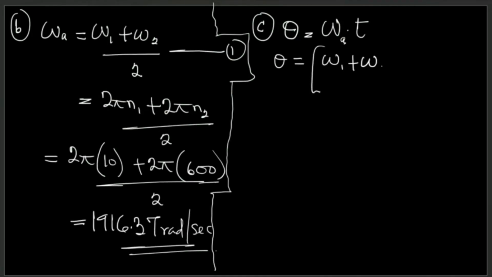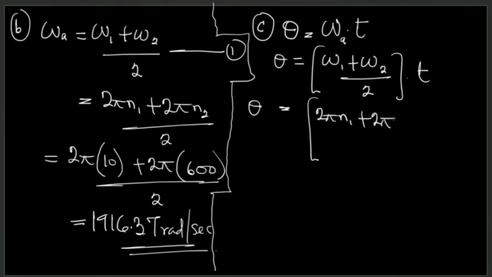So you can also write this one as the initial plus final divided by 2, multiplied by the time. So the angular displacement during 4 seconds, we can write as 2 pi n1 plus 2 pi n2 over 2, multiplied by 4.